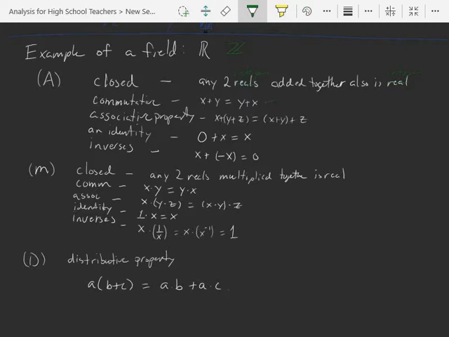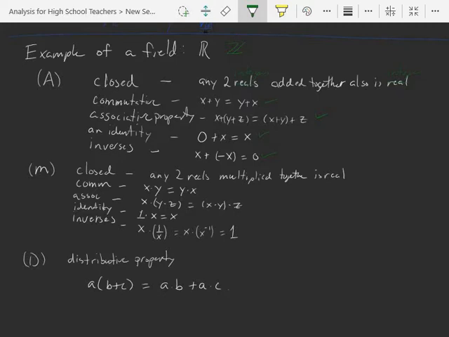Commutative, that works out. If you add two integers, you can add them in any order. Associative property works out. 0 is an integer. It's an identity. If I take 0 plus any integer, I get that integer. Inverses, in the integers I have x and negative x, and if I add x plus negative x, I get 0. That's good. So far it looks like the integers might be a field.